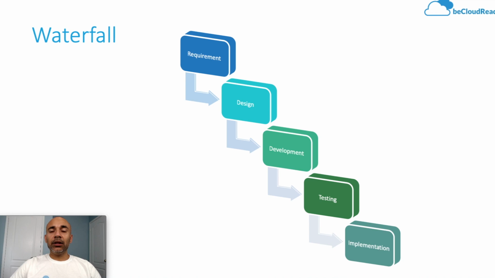Then you sit with a designer or developer, start designing, do the estimation, and then do the development, testing, and implementation. This is a very classic approach, and it has been used for many decades. It was a very successful model, and pretty much all software you see right now has been designed using the waterfall model.